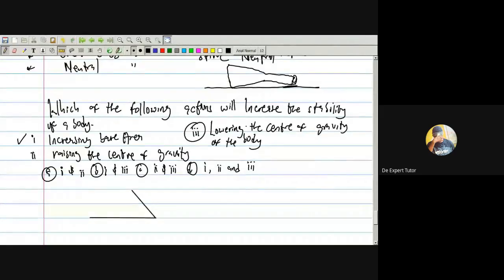You have a body standing this way, and you have a body standing this way. Look at these two bodies. Let me say A and B. Which of them is stable? Which of them is a stable equilibrium?